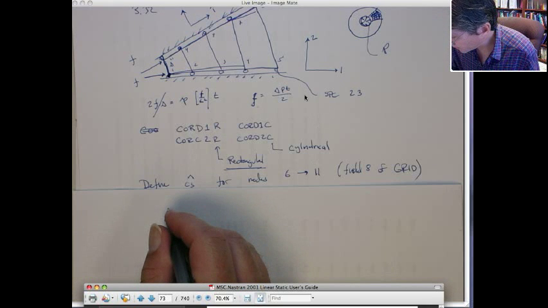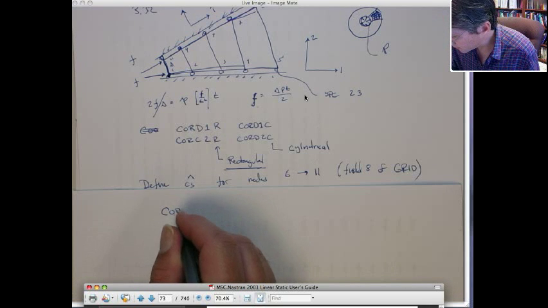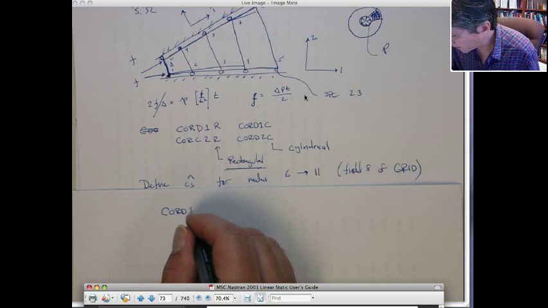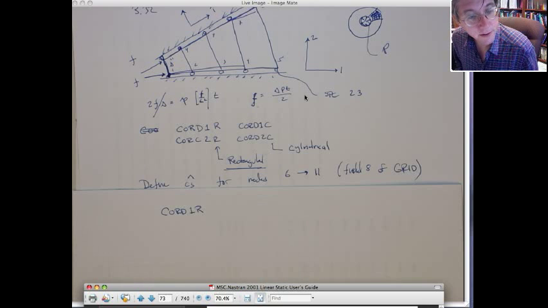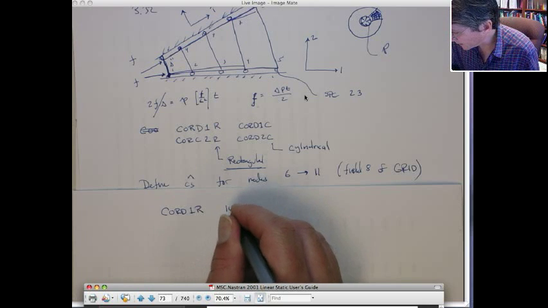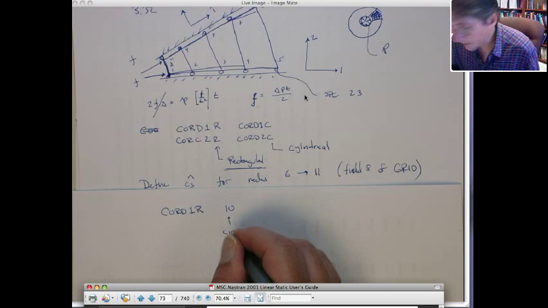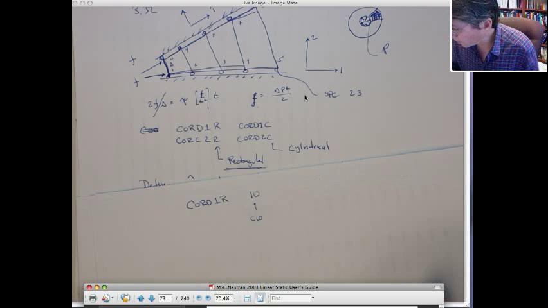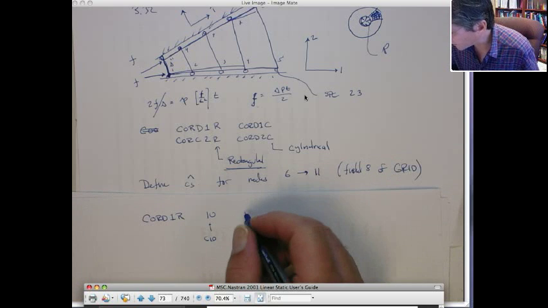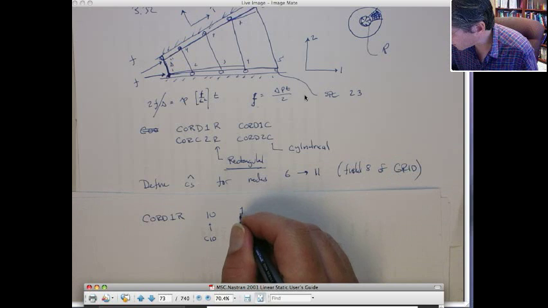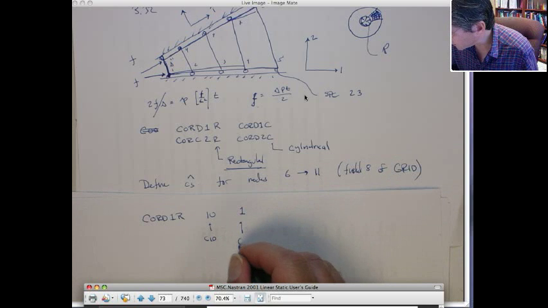So we're going to use COORD1R. We'll give it a number, maybe 10. That's the coordinate ID. And then grid point 1 is the origin. So I'm going to use node 1. That's G1. That defines the origin.